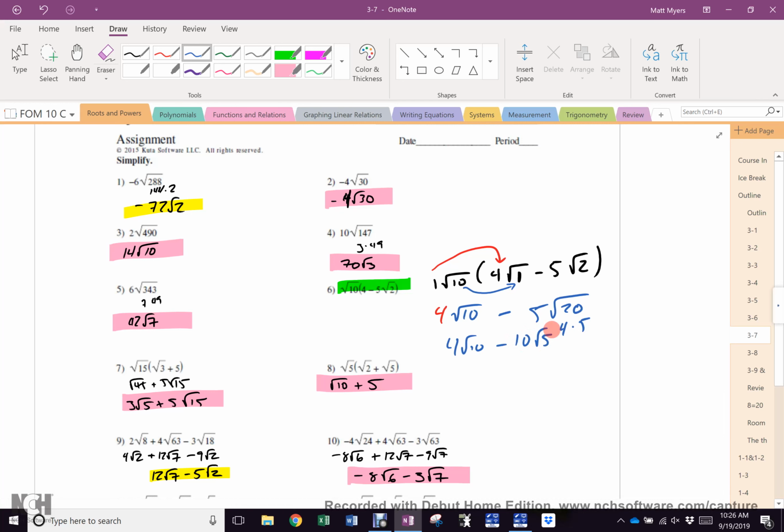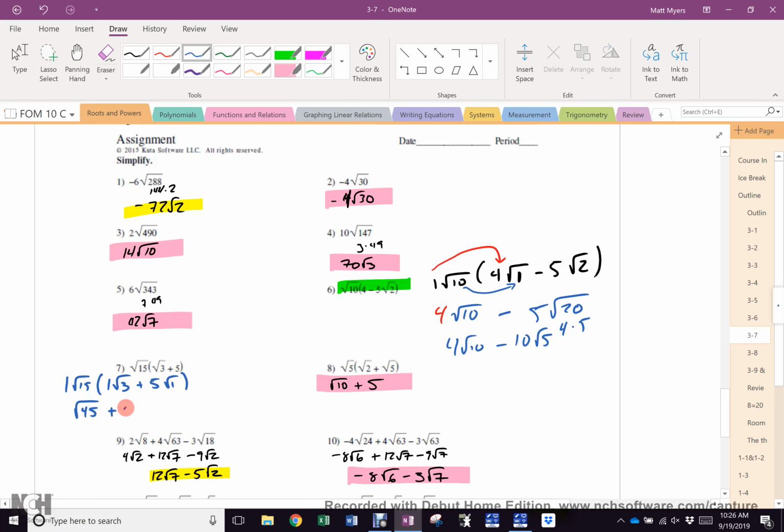Emma? Number 7, certainly. Number 7 is the exact same thing. I could write that as 1 root 15, 1 root 3, plus 5 root 1. 1 times 1 is 1. 15 times 3 is the root of 45.